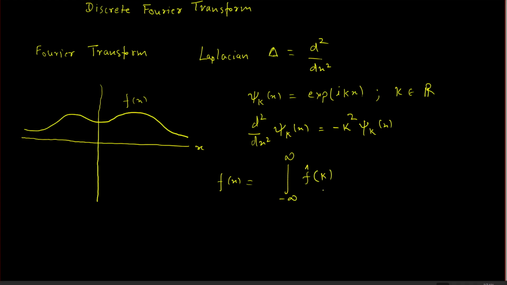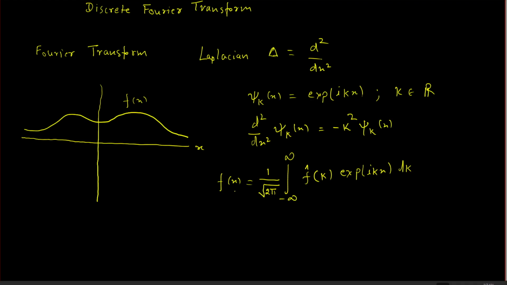Here these are the coefficients in this linear expansion, f cap k, and by convention I am including a factor of 1 by square root 2 pi. In different conventions this factor could be different.